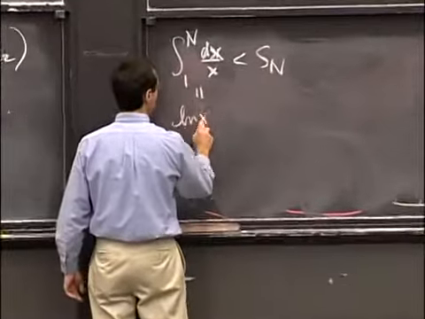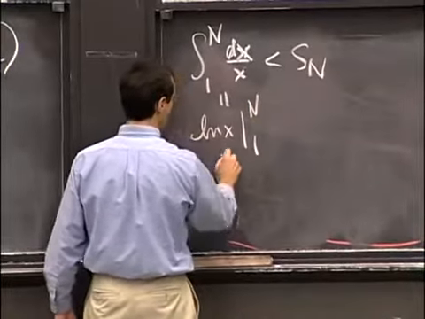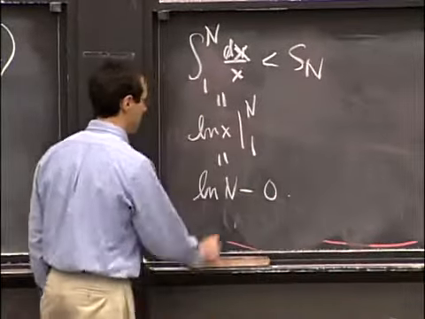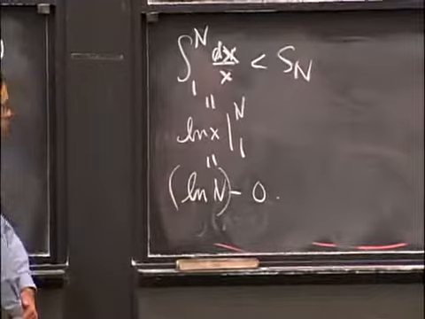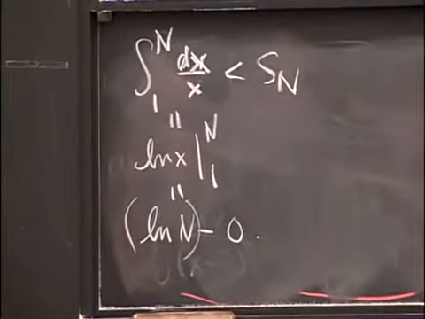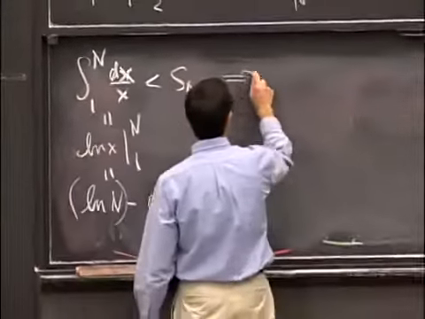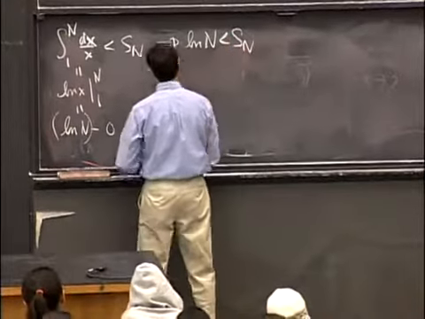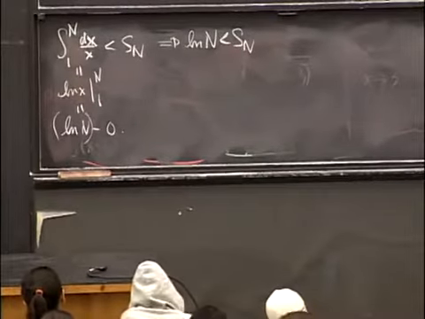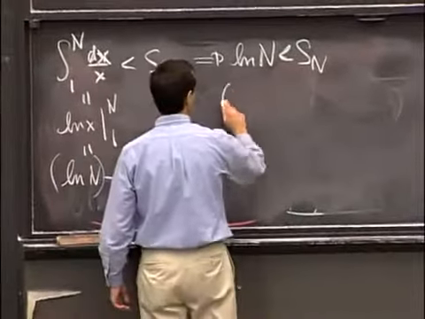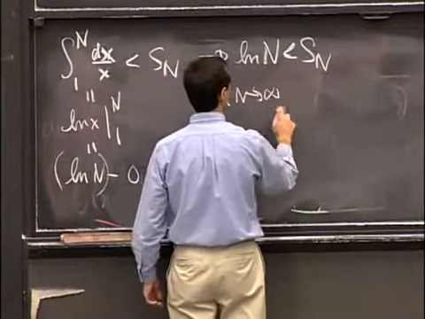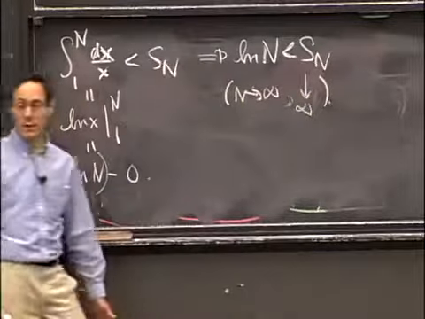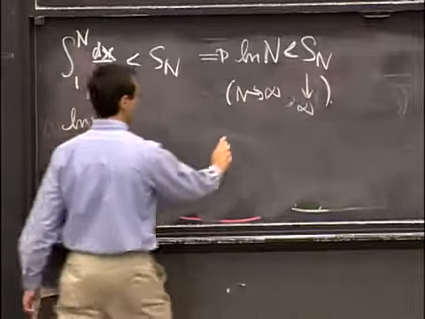This is log x evaluated at 1 and n, which is the same thing as the quantity log n minus log 1, which is 0. And so what we have here is that log n is less than Sn. All right? And clearly, as n goes to infinity, this thing goes to infinity. So we're done. We've shown divergence.